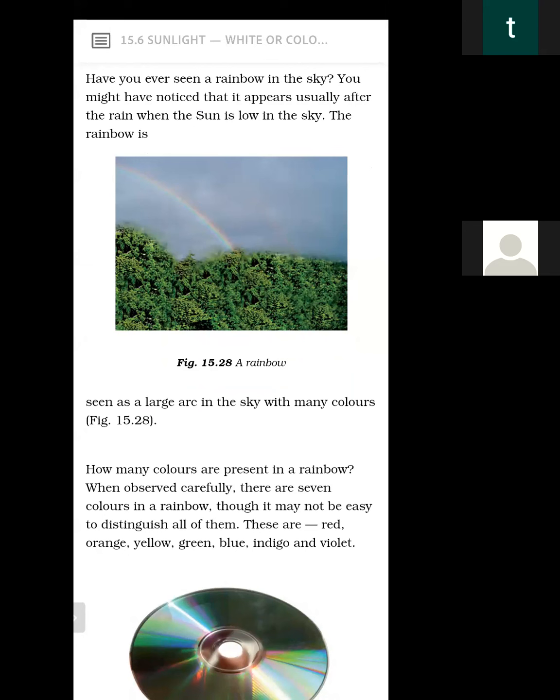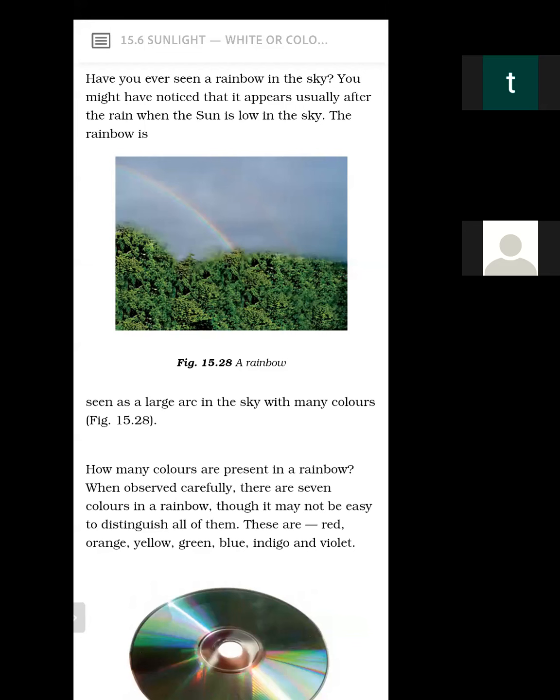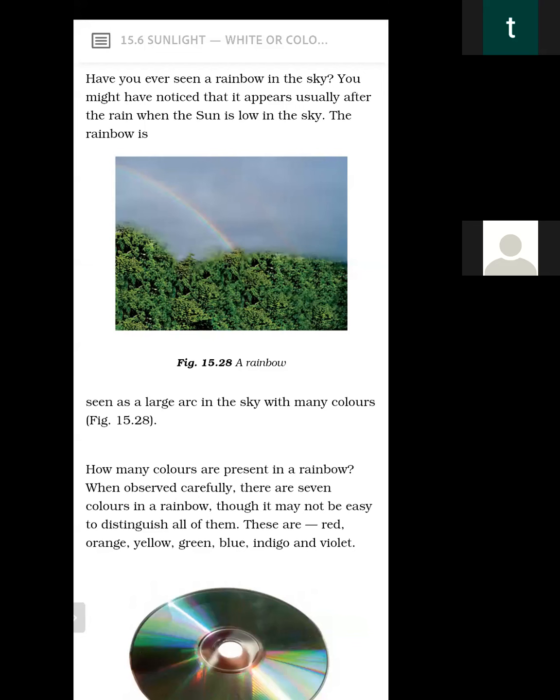Students, if you want to remember these, take the first alphabet of each word and read from backward to forward, from the last color to the first color, as I am reading: V, violet; I, indigo; B, blue; G, green; Y, yellow; O, orange; R, red.